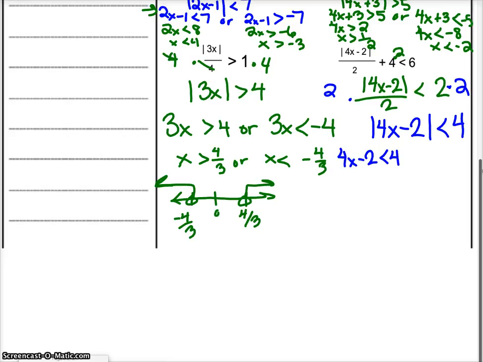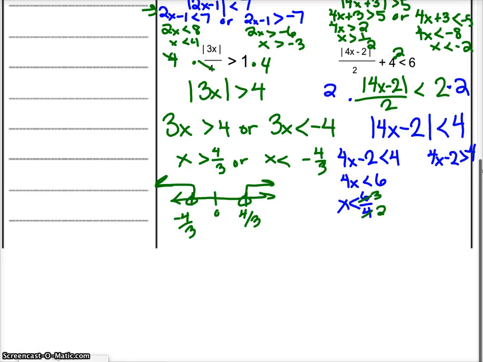Case 2, 4x minus 2 is bigger than negative 4. And solve. 4x is smaller than 6. X is less than 6/4, which is 3/2.